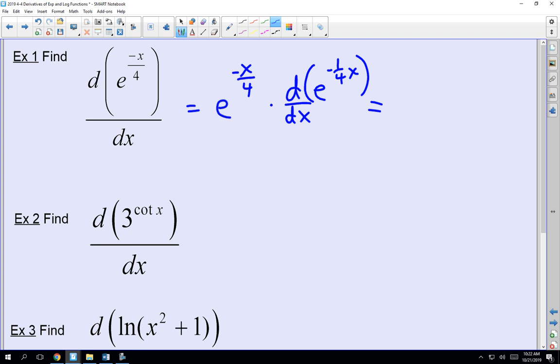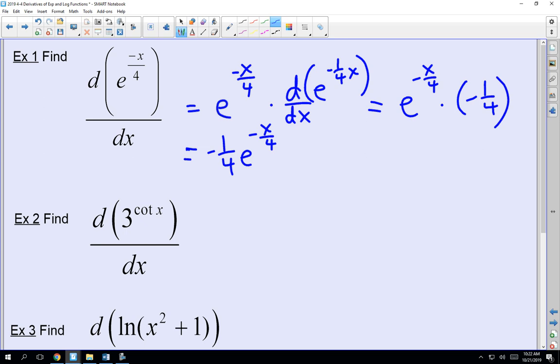And that's equal to e to the negative x over 4 times negative 1/4. And you can throw that negative 1/4 out in front, which is typically what they'll do. So it'll look like this: negative 1/4 e to the negative x over 4 is probably the cleanest way to write that. So there's our e to a power derivative.